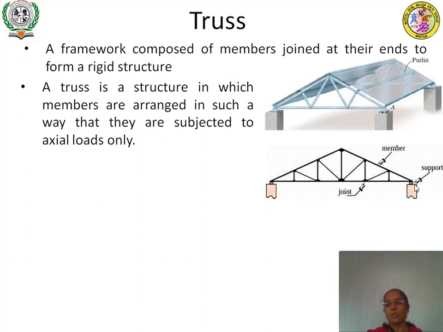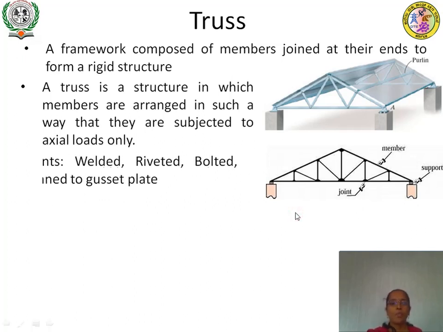Supports, not joints: these are called supports of a truss. This one is a support, and another one is here. The places where the members are connected are called joints.